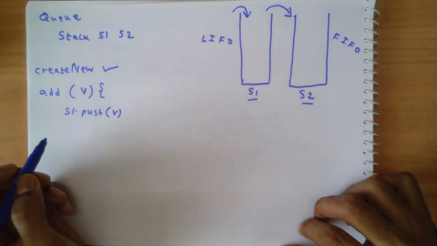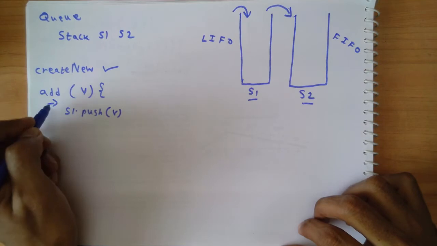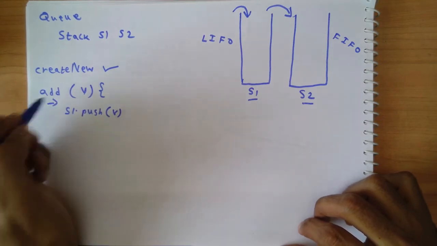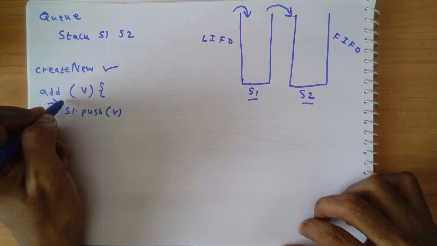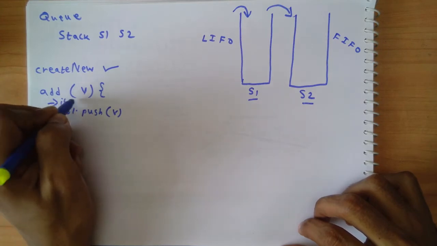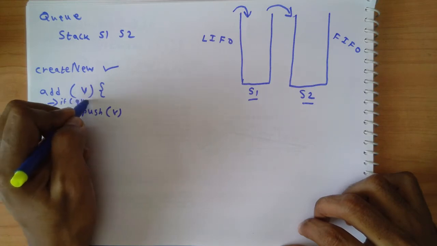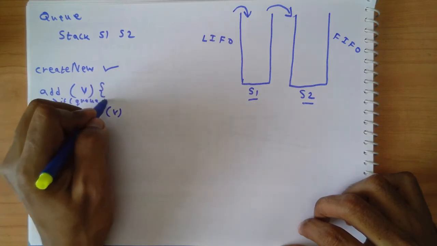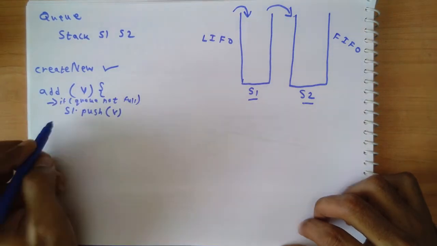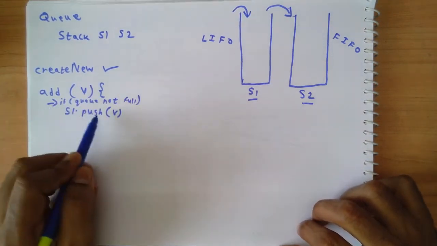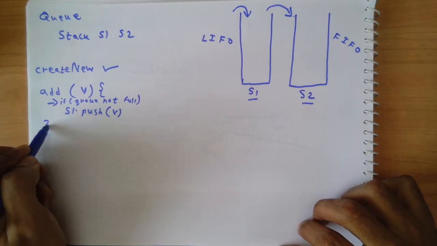Okay, and before that, of course, I need to check if the queue is full. So I have to ensure that my queue is not full, and only in that case I can do this. Okay, and we will also describe this full condition. Okay, but once you check that, it is going to be simply S1.push.